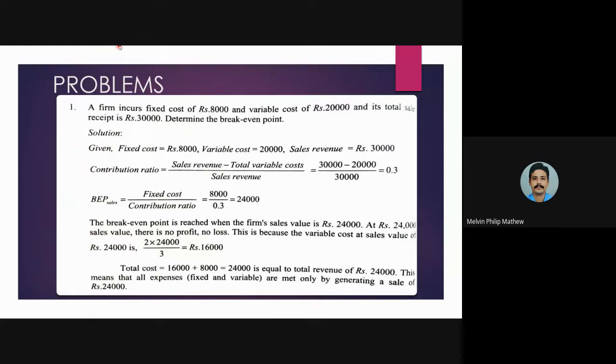Looking at the question itself, it's a direct question. We only have to find out the break-even point. We already know the break-even point equations.